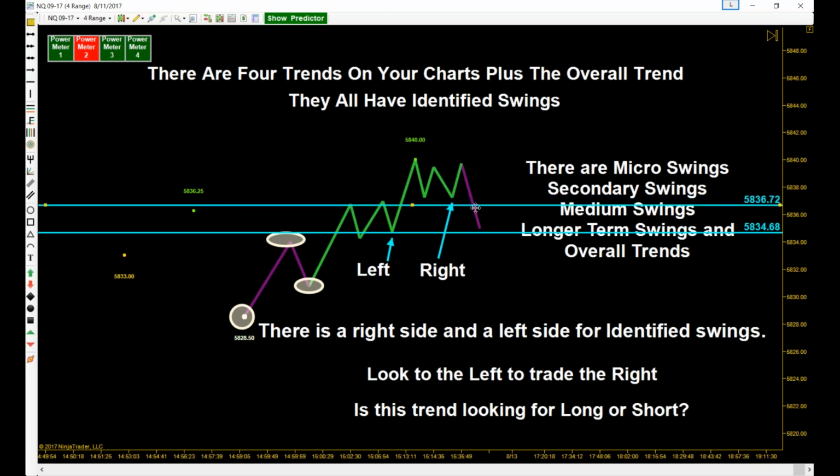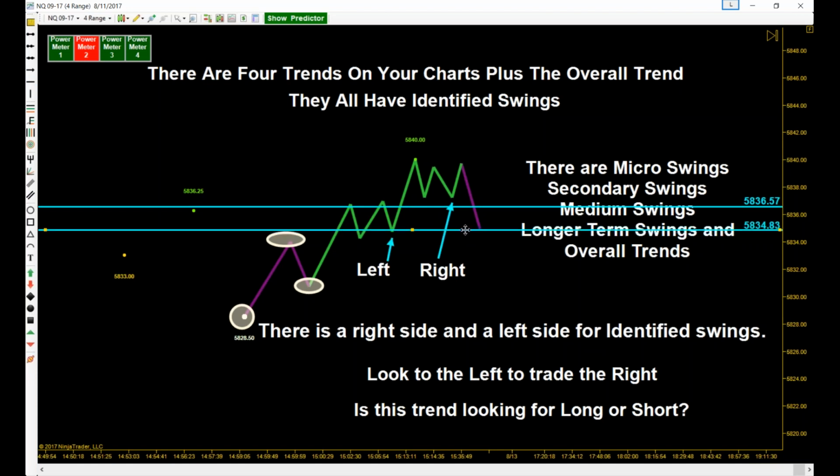Realize that you wouldn't get filled till here, and then you'd have to take it out before here. So that's technically not a trade, right? Because you couldn't possibly get even 5 ticks on that, more than likely. Maybe you might luck out and get 5 ticks, but more than likely not. Okay, you see what I'm getting at?